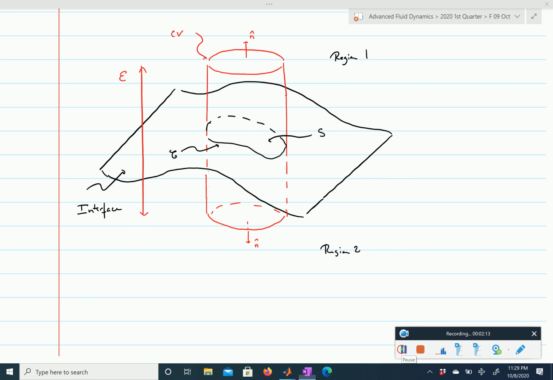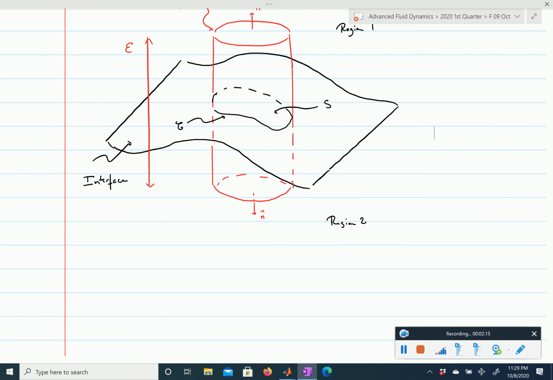So this is not a very rigorous derivation, but if we write our integral momentum equation, assuming, for instance, that our control volume is a material control volume, then for this material control volume we can write a statement of momentum balance on CV.